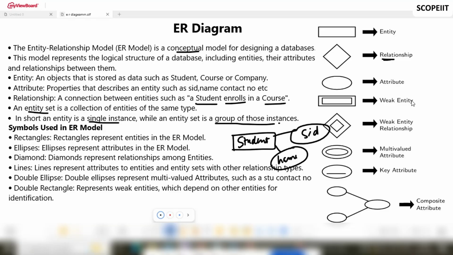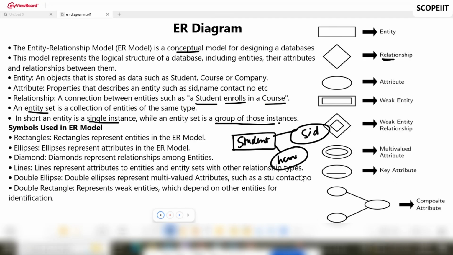Now, what do you mean by weak entity? A weak entity means an entity in which we don't have any primary key. Then the double oval is a multi-value attribute. Multi-value attribute means, for example, student contact number. One student can have more than one contact number, so that attribute we write with a double line.